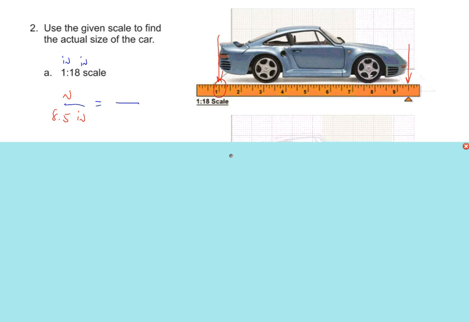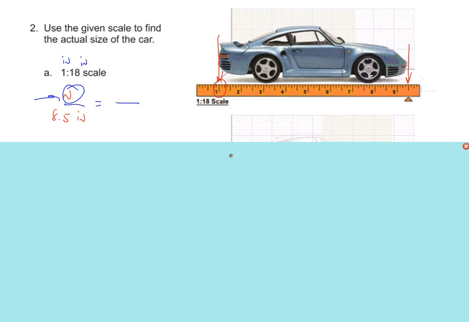So this one's a little trickier in that what number goes on the top, the 1 or the 18? Which number goes on the bottom? Obviously, if we get it wrong, we're going to get a wrong answer. So here's the question.